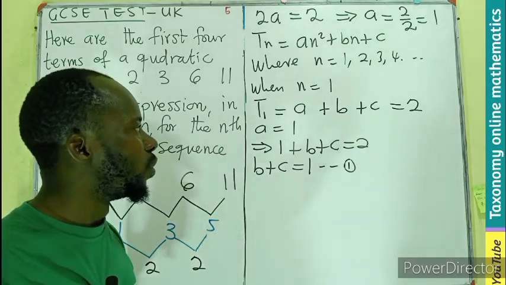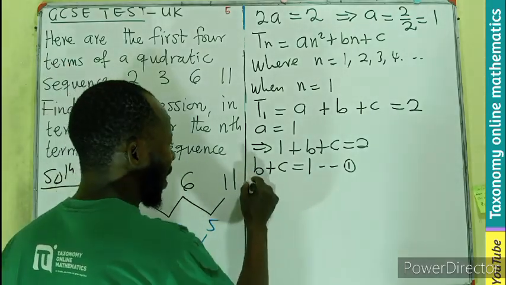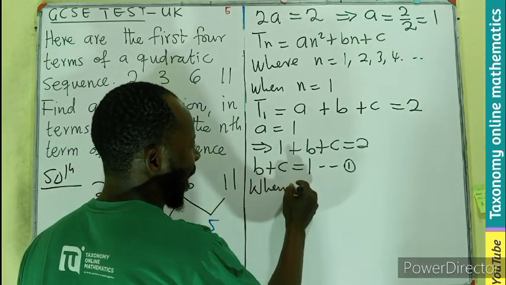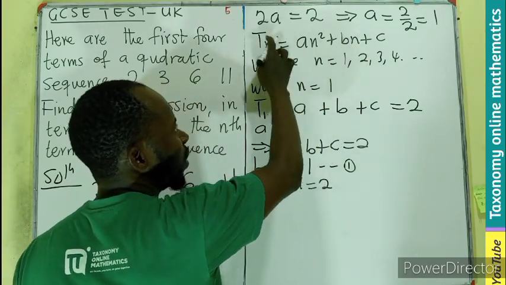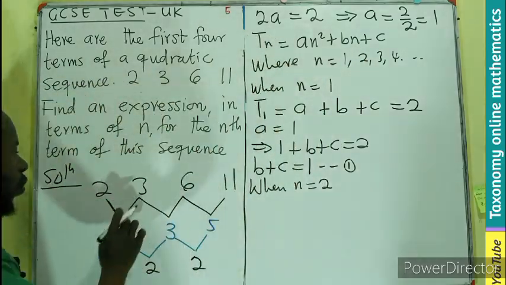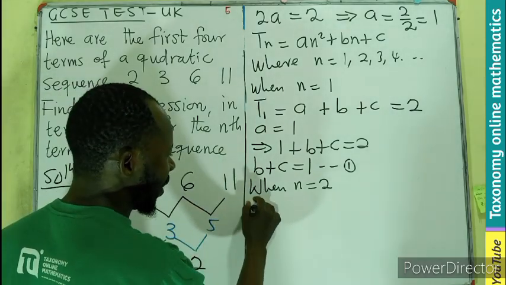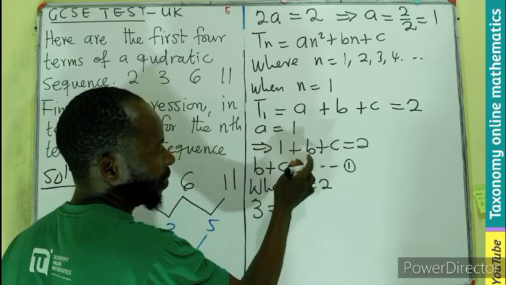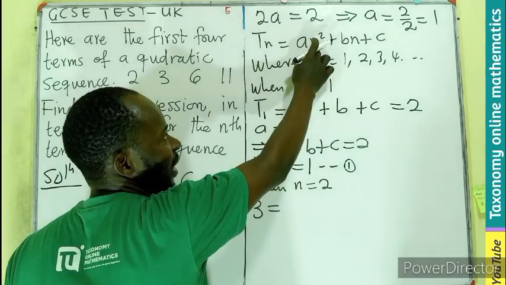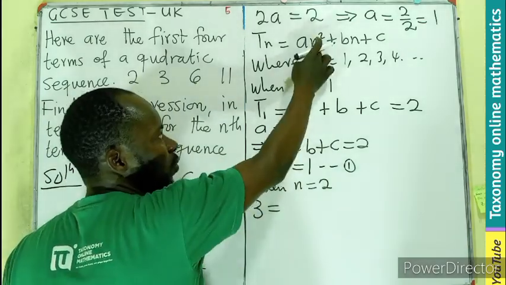Two unknowns, so we can have that. Then when n is 2, the second term, which is 3, equals a, which is 1, times n squared.